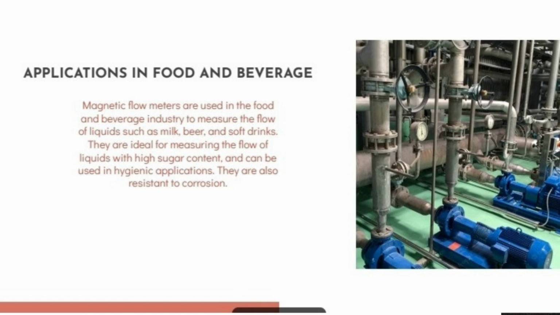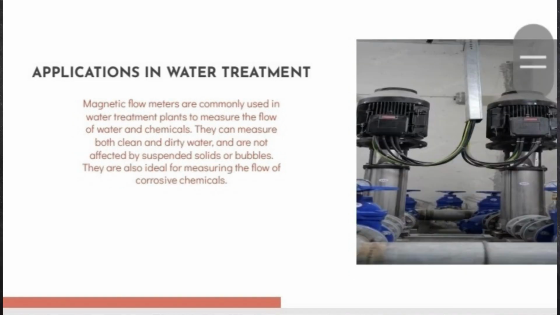As liquid passes through the pipe section, it also passes through the magnetic field set up by the magnetic coils, thus inducing a voltage in the liquid, which is detected by a pair of electrodes mounted on the pipe wall. The amplitude of the induced voltage is proportional to the velocity of the flowing liquid.